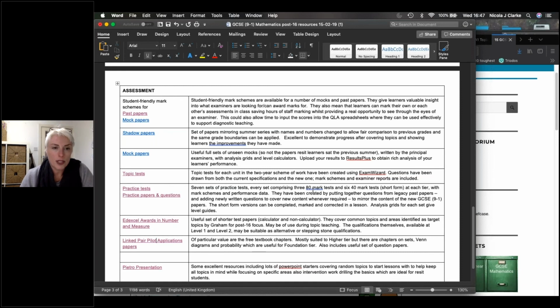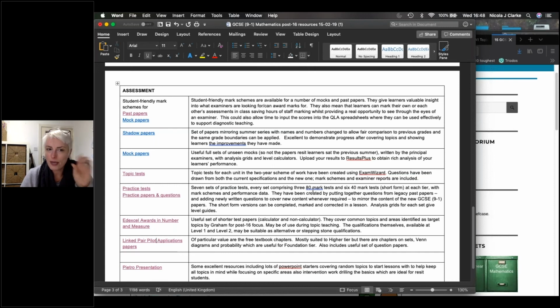But the 10 questions is also really useful for 2 things. One, for repeatedly highlighting topics that you perhaps haven't gone over so much, because learners are okay with them. We know we need to focus on the weaknesses, but we do need to keep the strengths fresh as well. So the 10 questions is really good for that.